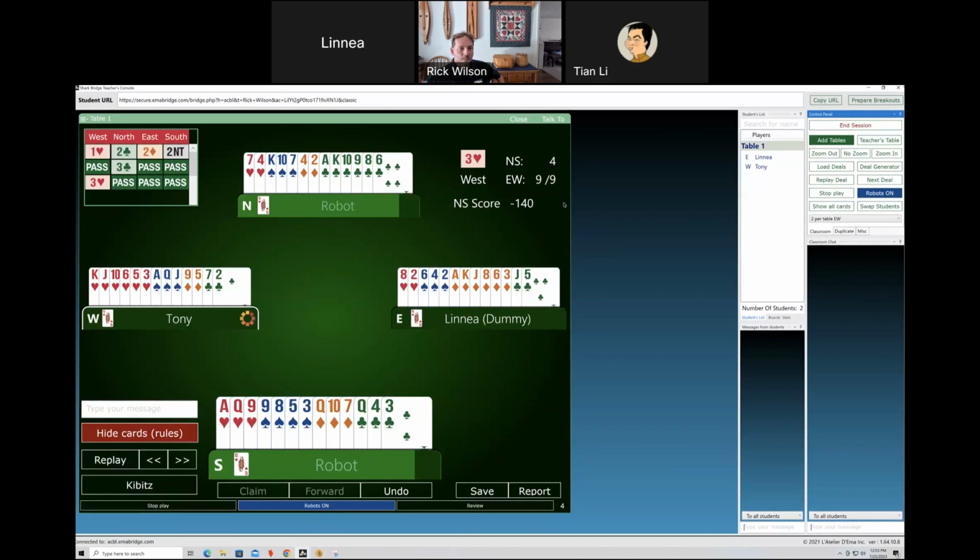So that leaves me with 8 points. If the queen of diamonds were on side, I still don't know if you could make 4 hearts here. But I might bid 2 hearts if instead of those 2 jacks, I had the queen of diamonds. With the queen of diamonds, you might think about bidding 3 no trump. Wouldn't work out very well here, but.